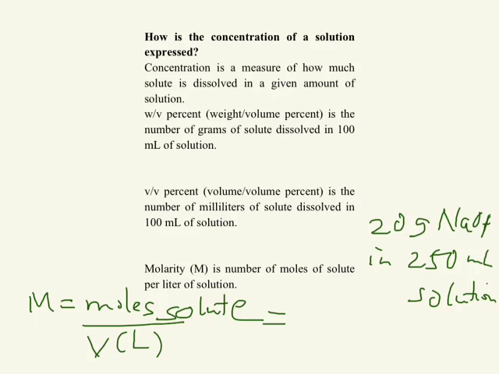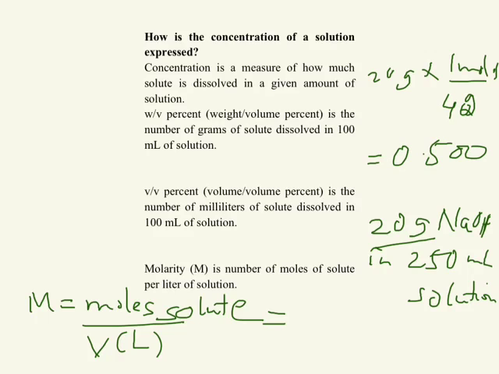Now first thing is the moles of the solute. Solute is sodium hydroxide, but you are given grams. So the first thing you have to do is change these grams of sodium hydroxide to moles, and 1 mole of sodium hydroxide equals how many grams? 40 grams. Add all the atomic masses.